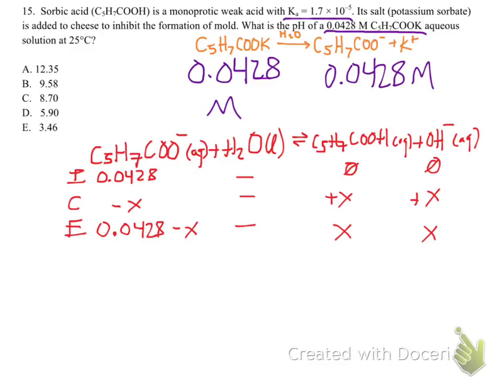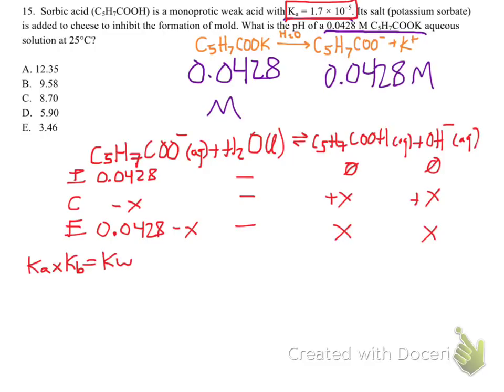At this point, I want to point out that we were given the Ka for sorbic acid. But is this a Ka reaction producing hydroxides? I should think not. This is a Kb reaction, right? This is the base hydrolysis of the conjugate base of sorbic acid, sorbate. But fear not, we can easily solve for the Kb using the relationship Ka times Kb equals Kw.